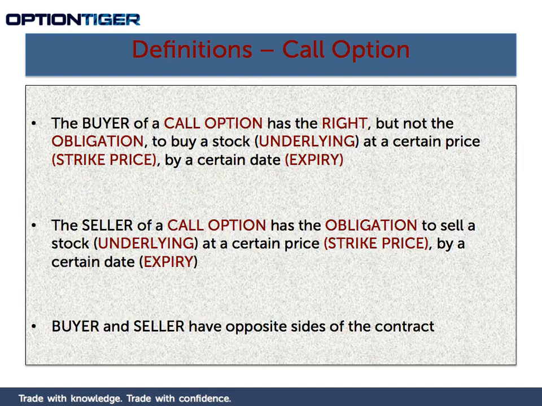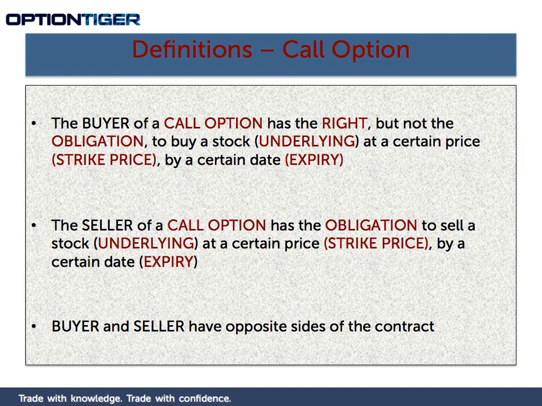Let's now look at the definition of a call option. We covered that briefly. The buyer of a call option has the right, but not the obligation, to buy the underlying stock at a certain strike price by a certain expiry date.